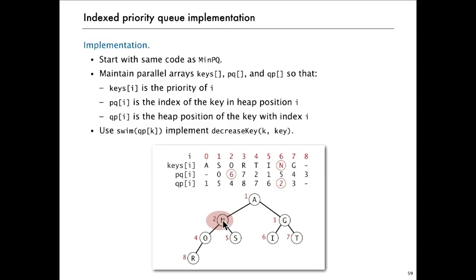You have to actually, first of all, change the value, but then you may need to adjust the heap to reflect the changed value. So instead of a swim with an index, we get the heap position of the given index and so forth.